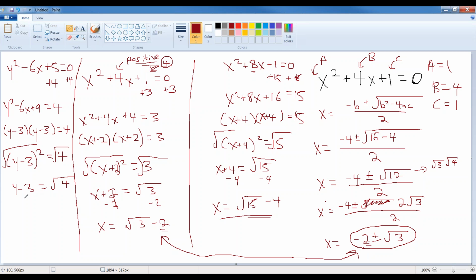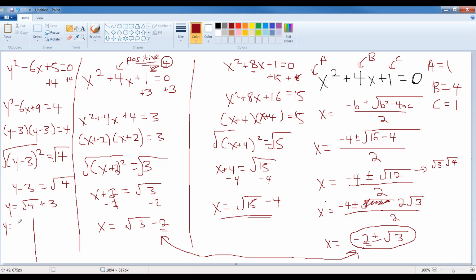Over here, what about this, by the way? Over here, we had y equals, let's say we added 3 to each side, the square root of 4 plus 3. Here we can break it down, because 4 is actually a perfect square. So now, of course, the square root of 4 could be positive 2, or negative 2.